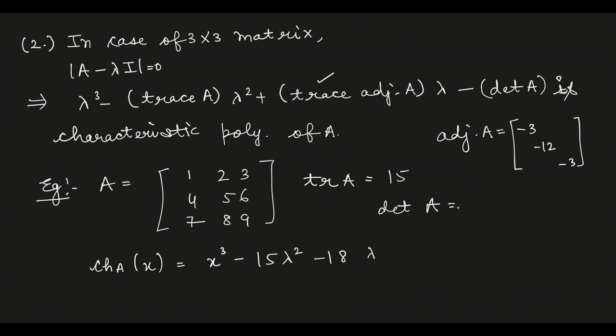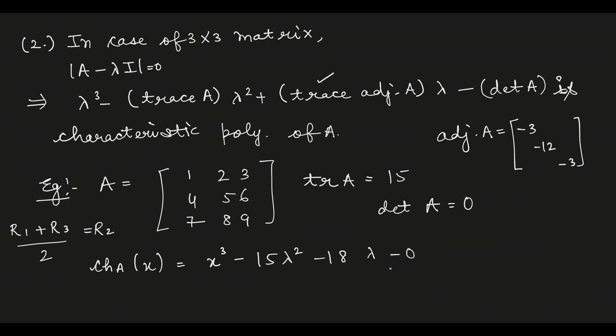Here you don't need to find it. The reason is R1 plus R3, divided by 2, you will get R2. Check this. It means scalar multiple. 1 plus 7, 8, divided by 2 it will be 4. 0. 0. That's why the determinant will be 0.